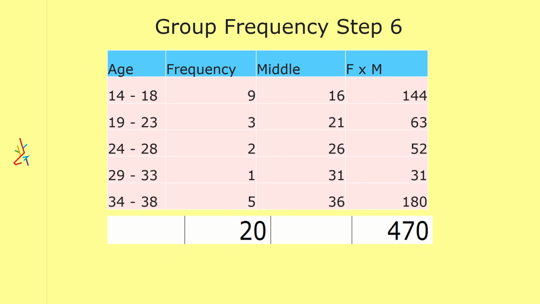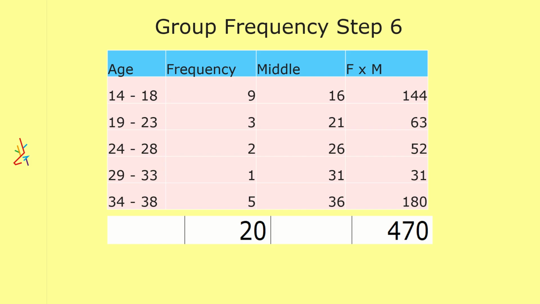Final stage, stage 6. You've done the whole chart, you've added the frequency column, you've added the F times M column, you've got two numbers, one being 20, one being 470. You need to divide those two numbers. You always do it this way round. The largest number is always going to be the F times M column.